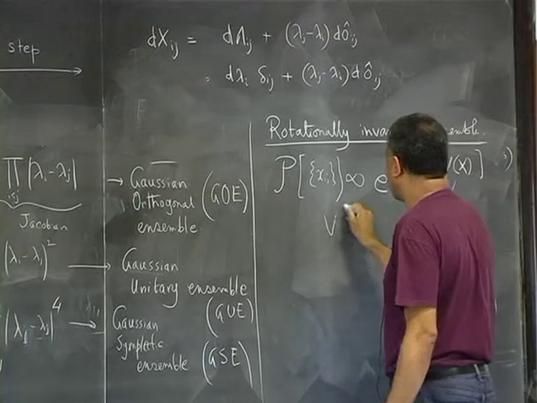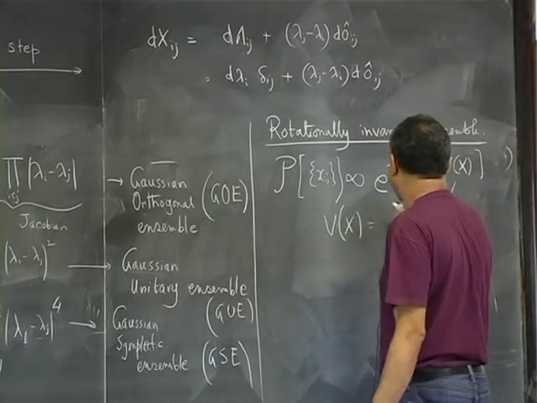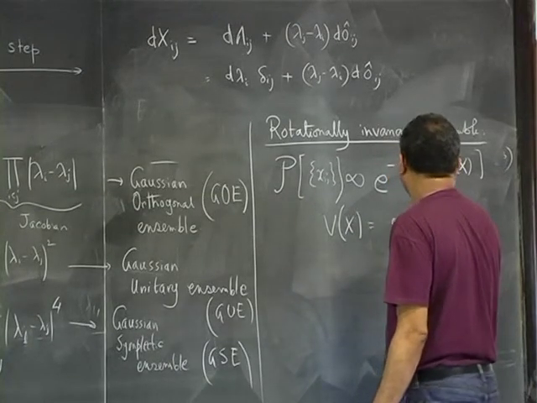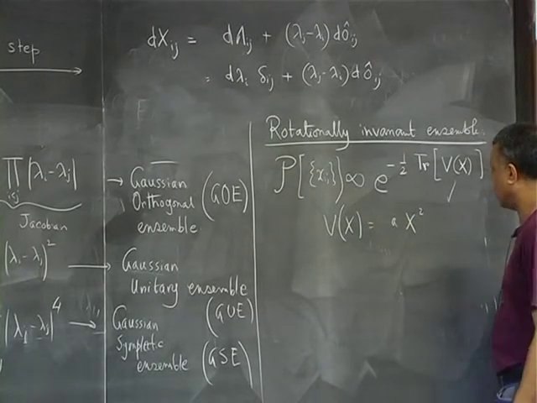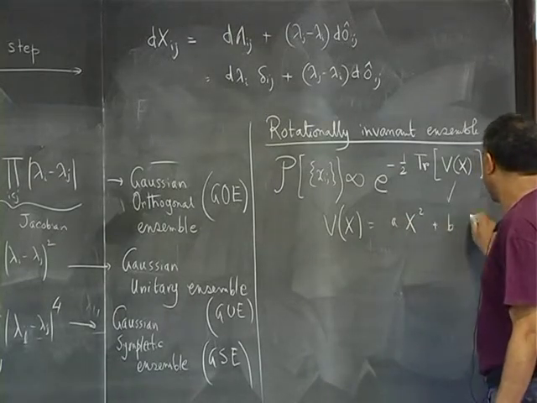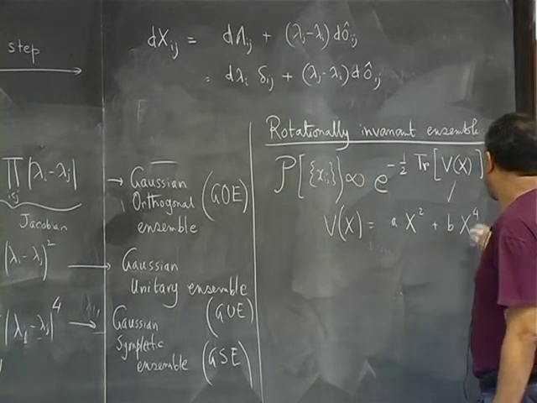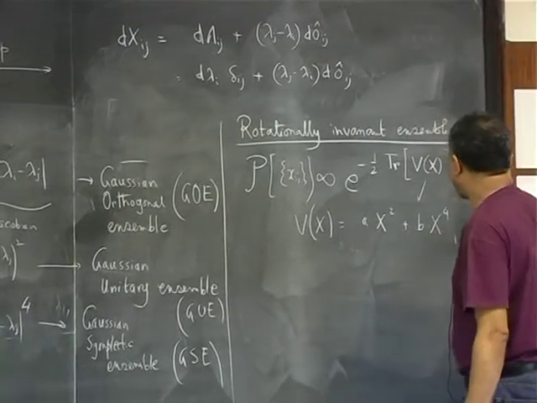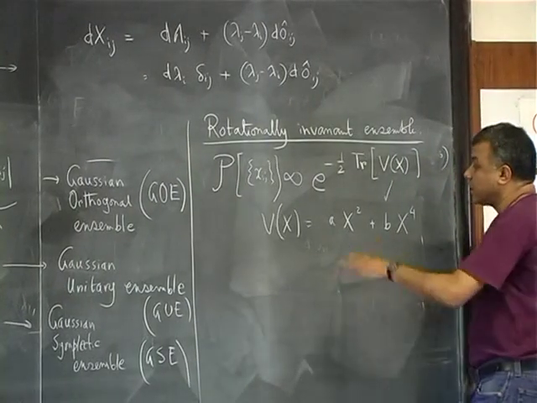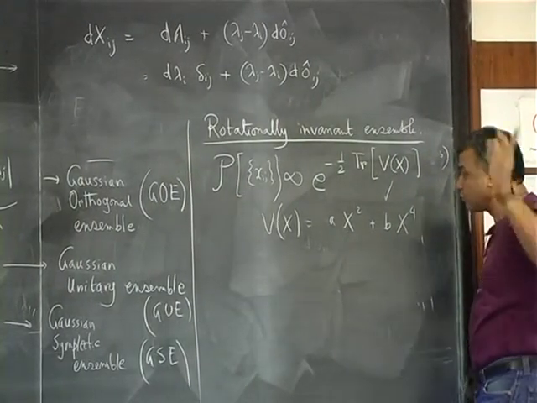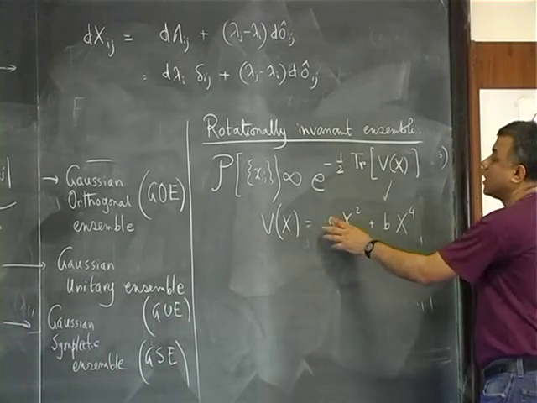If you choose this polynomial V of X to be just quadratic, then you are back to the Gaussian ensemble. But you could choose X to the power 4, for instance, and so on. X to the power 6 you can add. So this is exactly like the phi^4, phi^6 theory that Shamita was talking about yesterday. So these are called the potential.